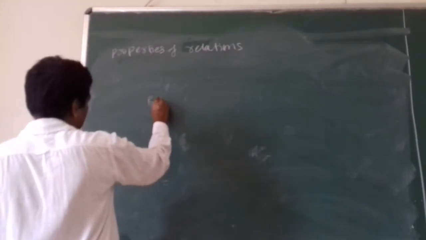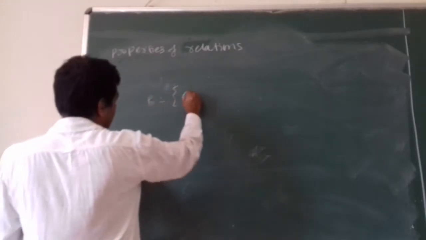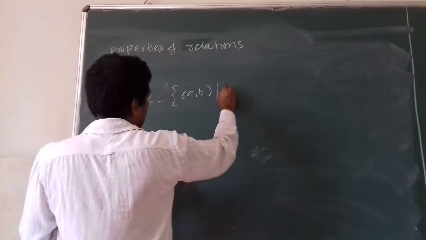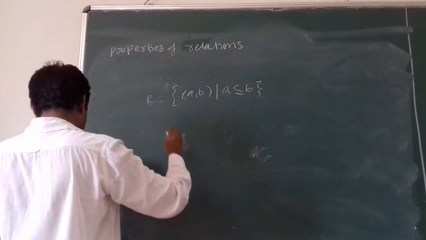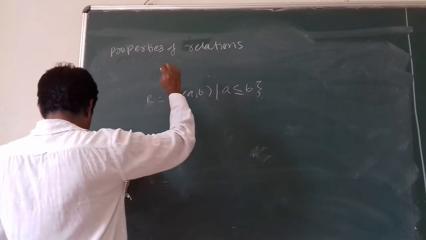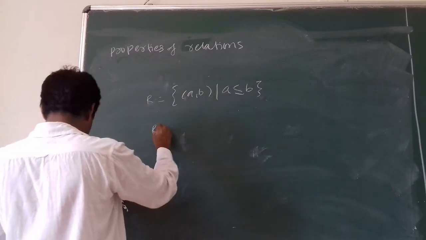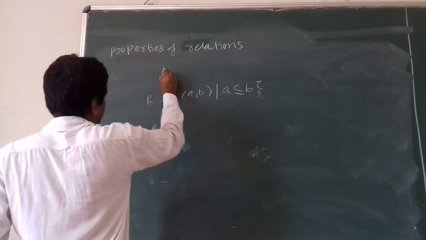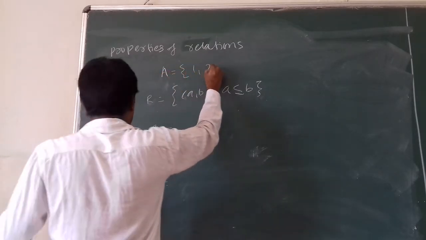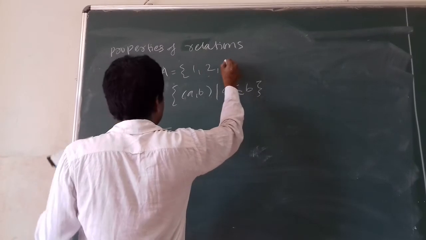Example for anti-symmetric. Let's say (A,B) with A less than or equal to B. Capital A is the set with 3 elements.